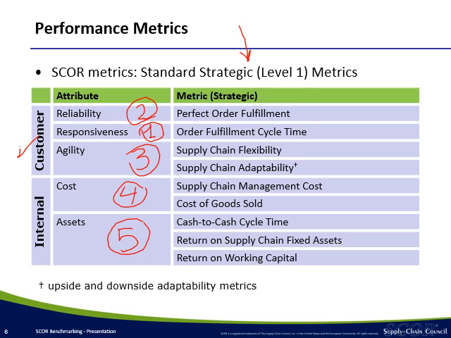Then if you open the second part of the SCOR model, and you want to measure the performance of, for example, the responsiveness, you need to measure order fulfillment cycle time. So this is level one here. So if you want to measure the performance of the responsiveness of your company, you need to measure order fulfillment cycle time.